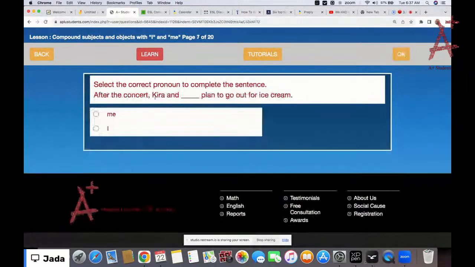So after the concert, Kiran and Dash plan to go out for ice cream. So what's gonna be the most suitable answer here? The most suitable answer here is gonna be what?